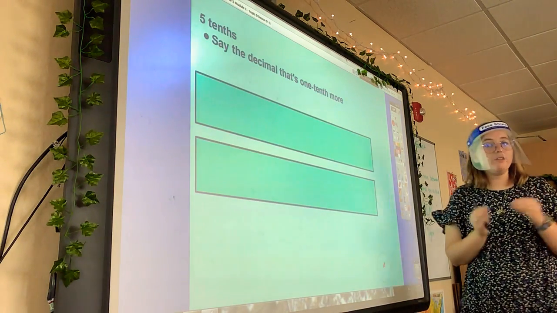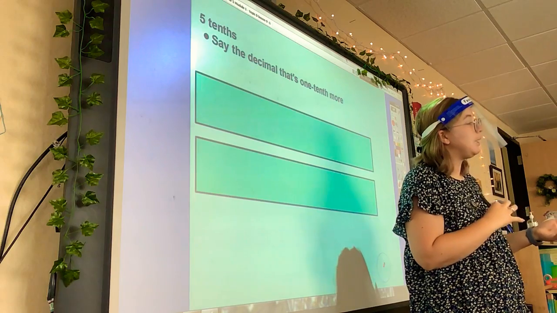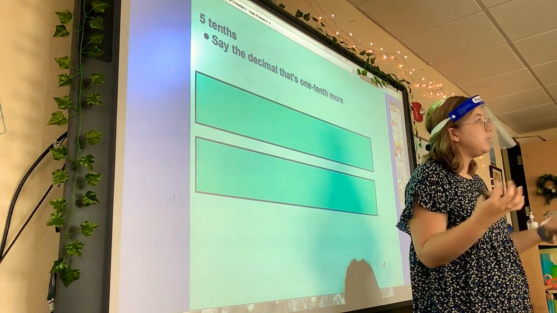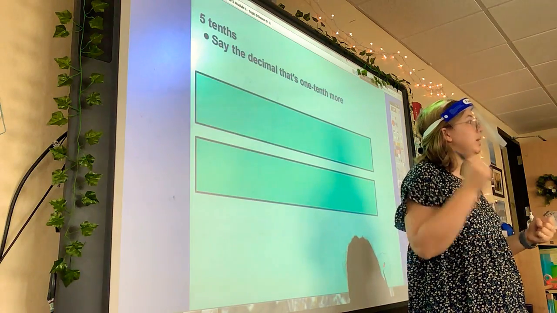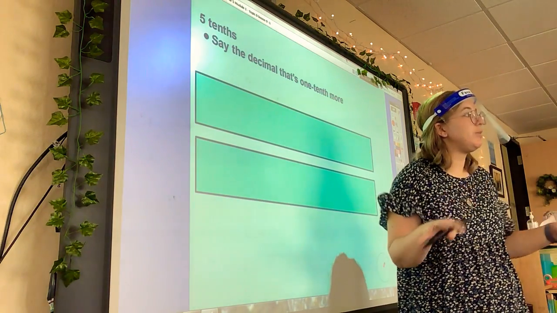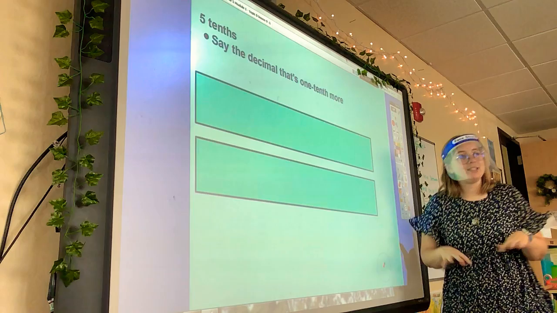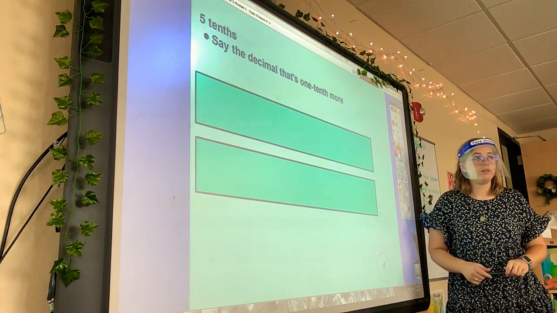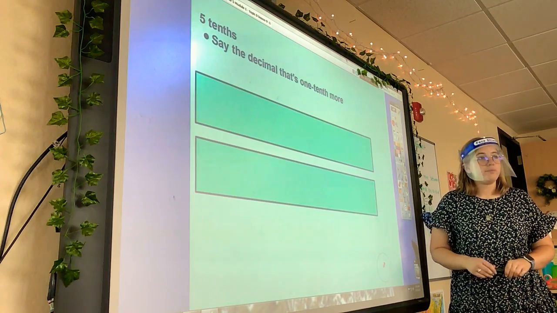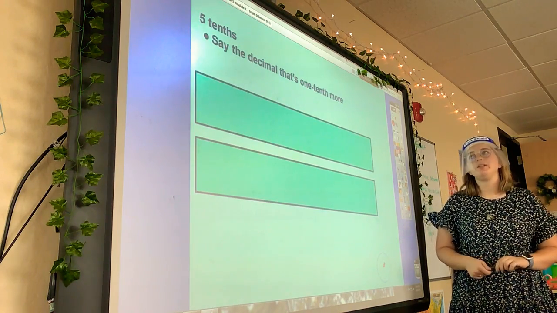Even though it's a smaller value, it's like a fraction of a whole number, right? It's still the same concept where we do this plus this equals this, and it's the same unit, okay? It still stays in tenths. So 1/10 plus 1/10 would equal 2/10? Yes. 1/10 plus 1/10 would equal 2/10, yeah.